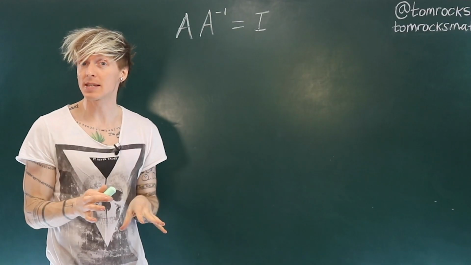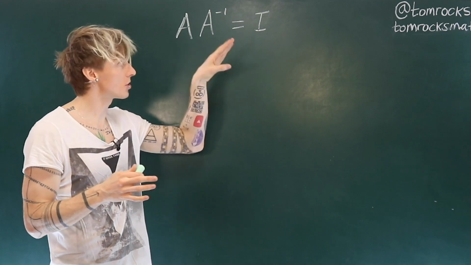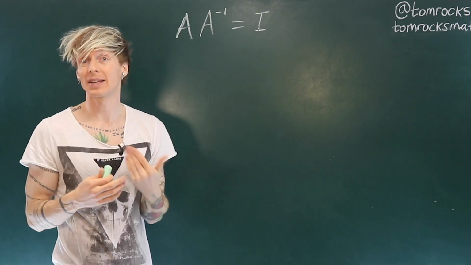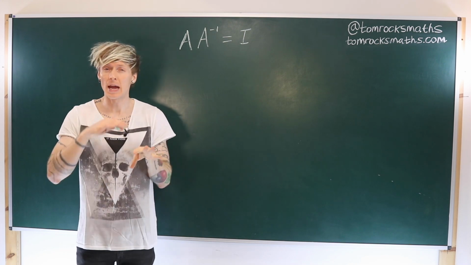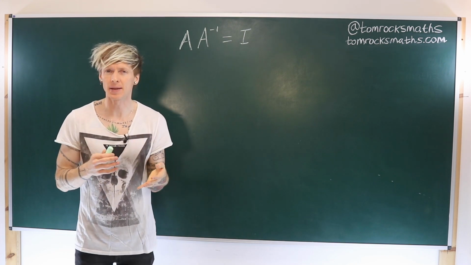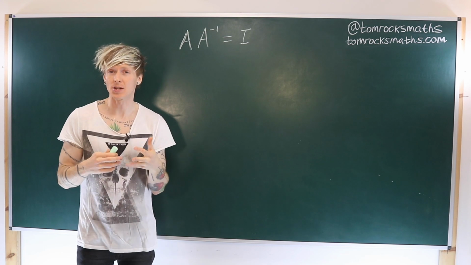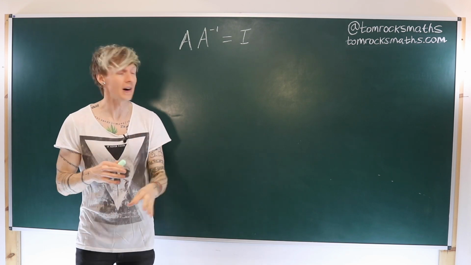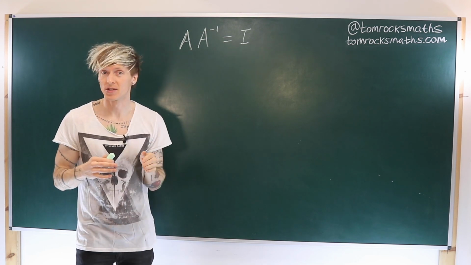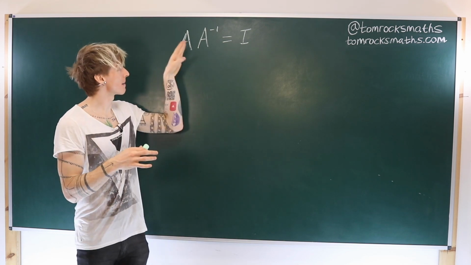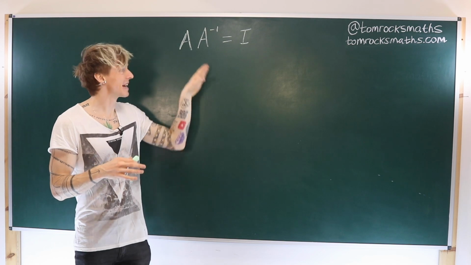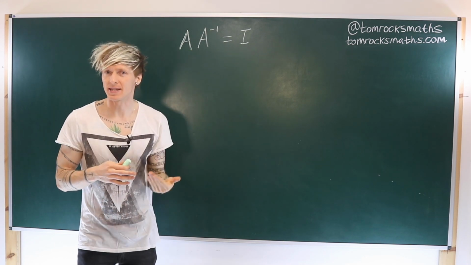Now there is a reason that the identity matrix also appears here when we're calculating inverses. When we apply EROs to a matrix and turn it into the identity, this is actually telling us what we need to do to find the matrix inverse.